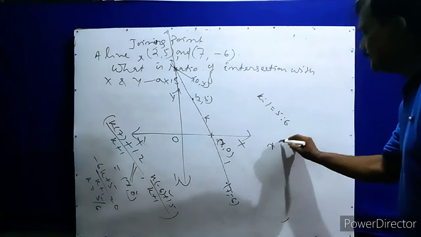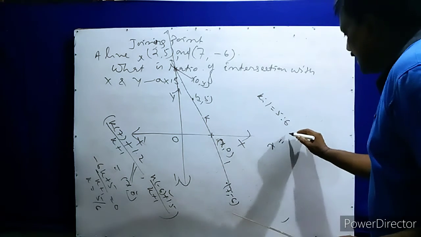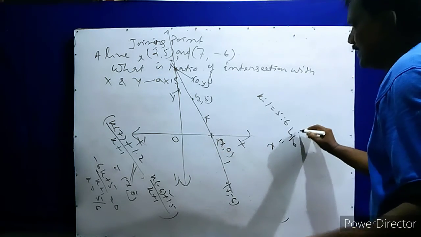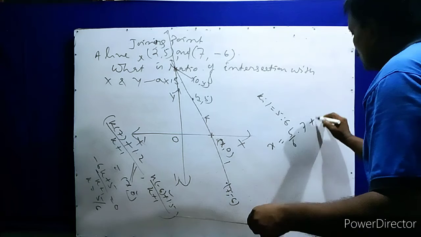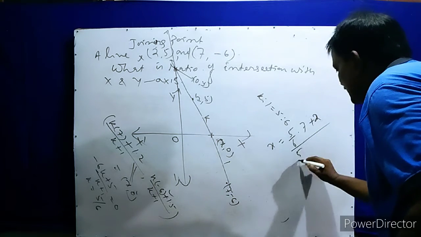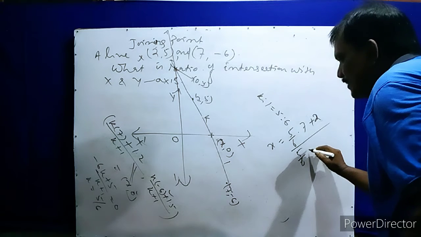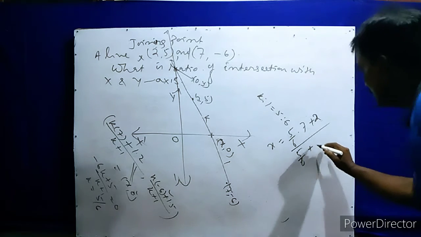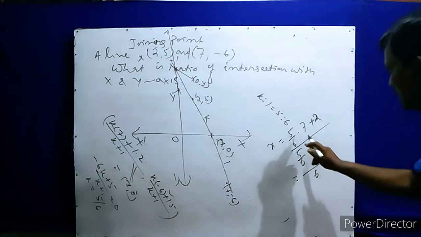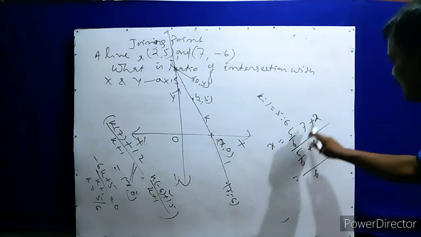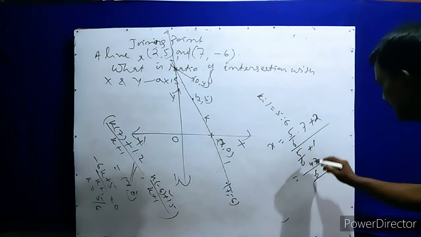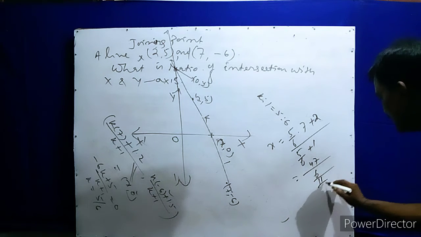x equals k into 7 means k, what is the value of k? 5 by 6 into 7 plus 1 into 2, over k plus 1, meaning 5 by 6 plus 1. On solving, we get 2 as the LCM here: 35 plus 12, 47 by 6. Here also 11 by 6.